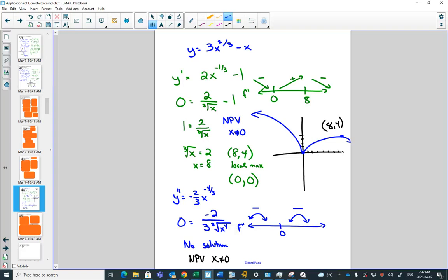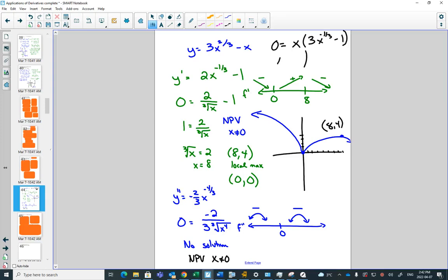Ooh, and also, could we solve, does it go through the x-axis again? It's a question that we'd have. Well, we could figure that out if we set y equal to 0. Can we solve that easily? If you factor out an x, you would be left with, correct?